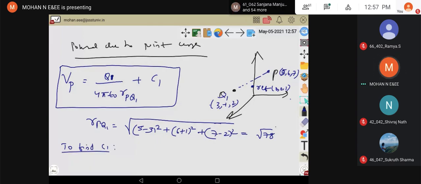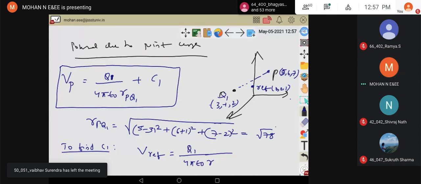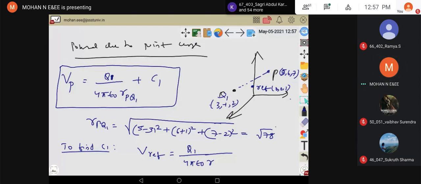So let me have the equation like this. V reference is equal to Q1 divided by 4 pi epsilon naught R, where R is the distance from the reference point to Q1, plus C1.